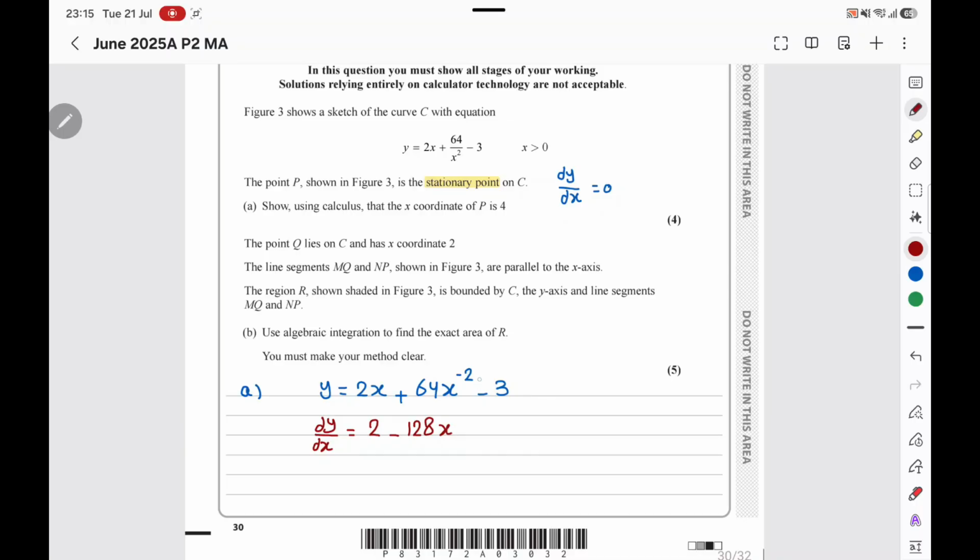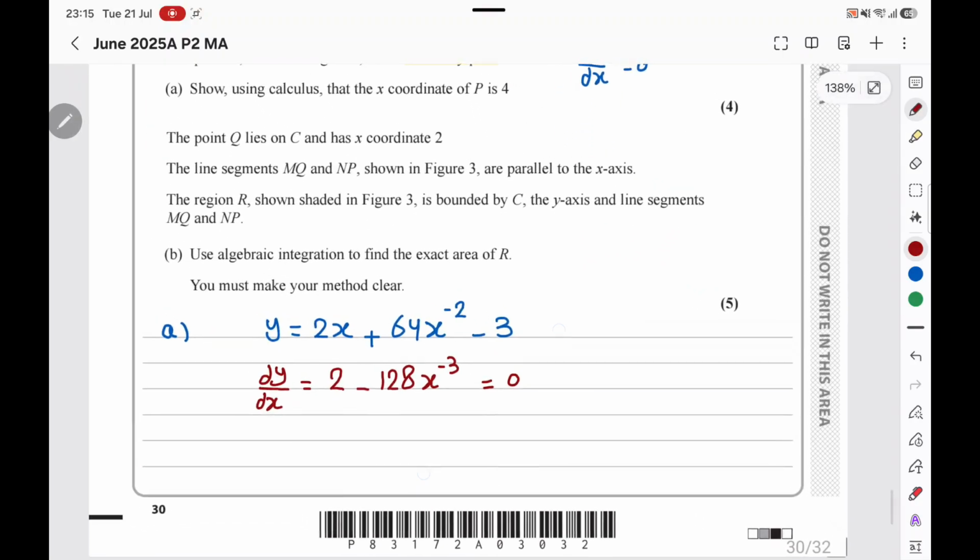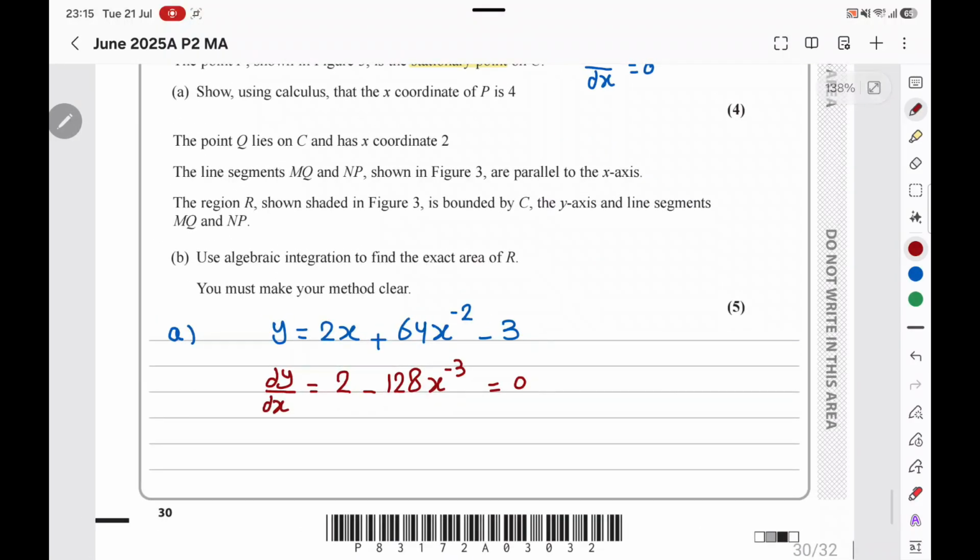x to the power, subtract 1 from the power, it will be negative 3. Dy by dx equals 0. Move the 128 to the right side to be positive: 128x to the power of negative 3, or 128 over x cubed, equals 2.